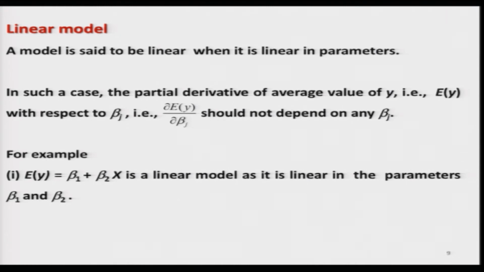So now we come to another definition, linear model. If you remember, in the case of simple linear regression model, we had discussed that a model is said to be linear when it is linear with respect to the parameters. We had not considered the aspect of linearity with respect to the variables. Now, the same concept is going to be extended to the multiple linear regression model also.